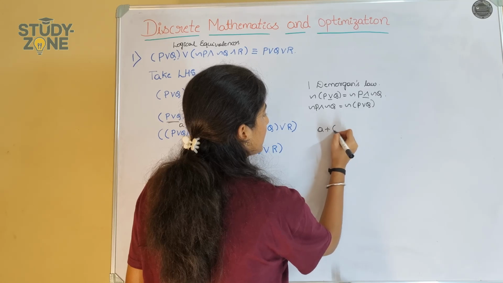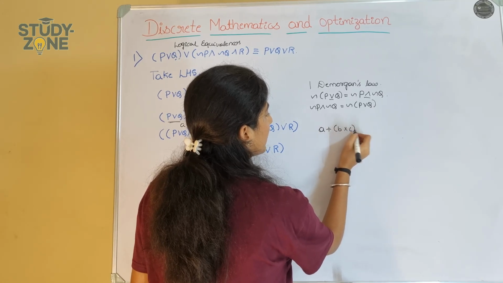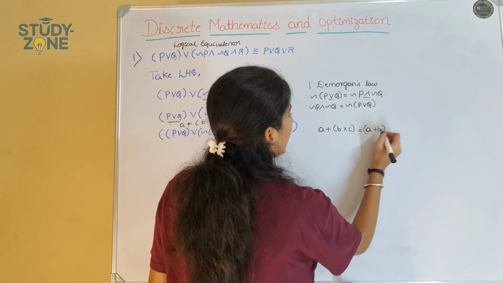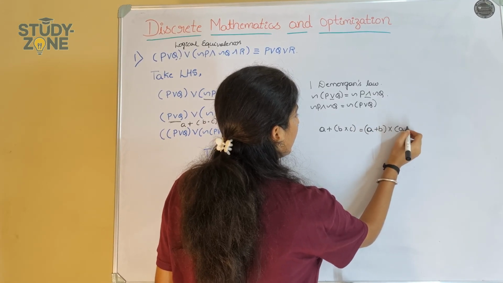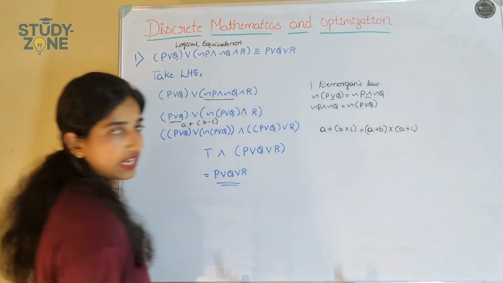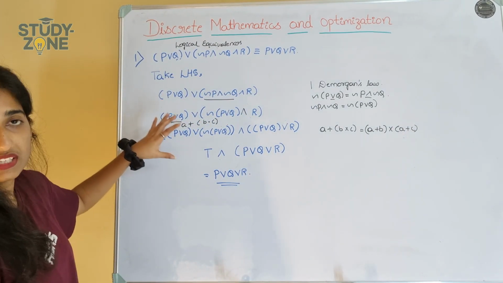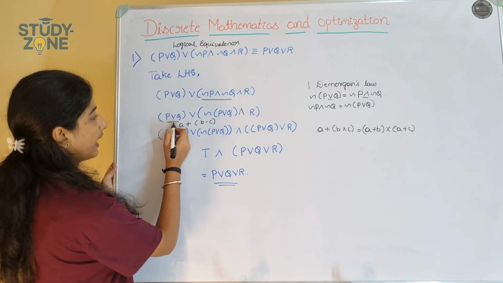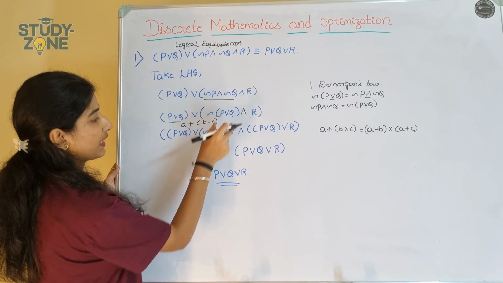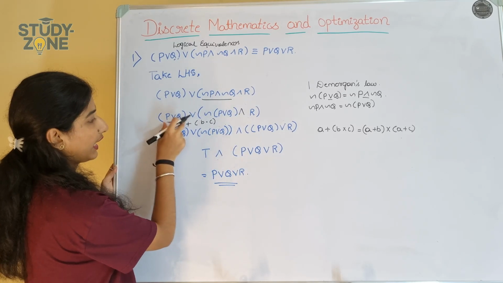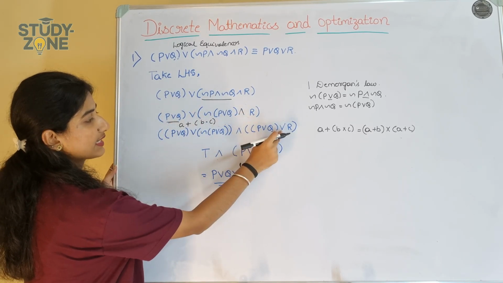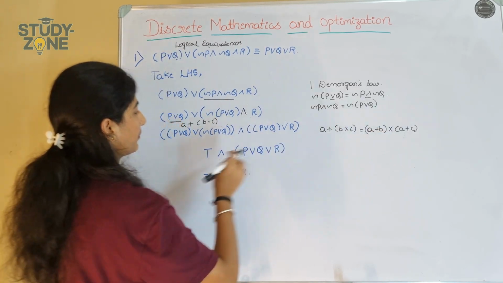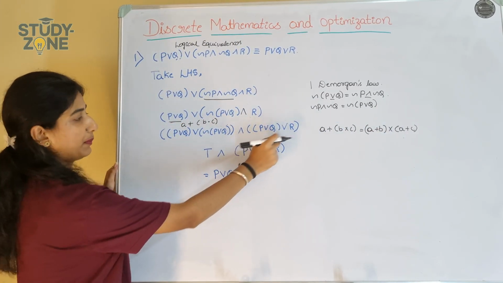A plus B into C equals (A plus B) into (A plus C), right? So now we are applying this one here, that is (A plus B) into (A plus C). Done.